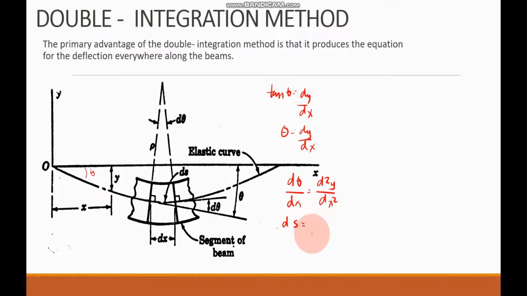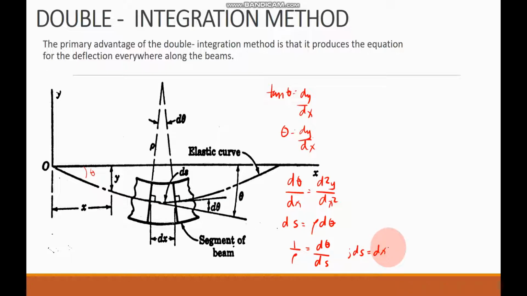So we have rho multiplied by d theta. We can express that as 1 all over rho is equal to d theta all over our differential length. And since the curve is very flat, we can assume that our differential length s is equal to dx.